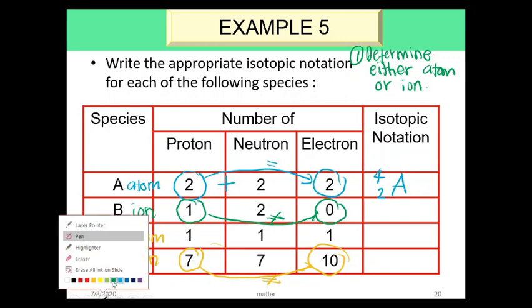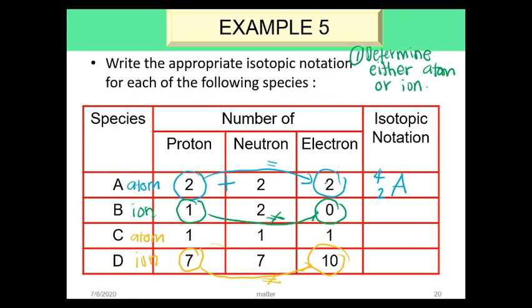For B, the element is B and the number of proton is 1, and the nucleon number is 1 plus 2, which made up to 3.